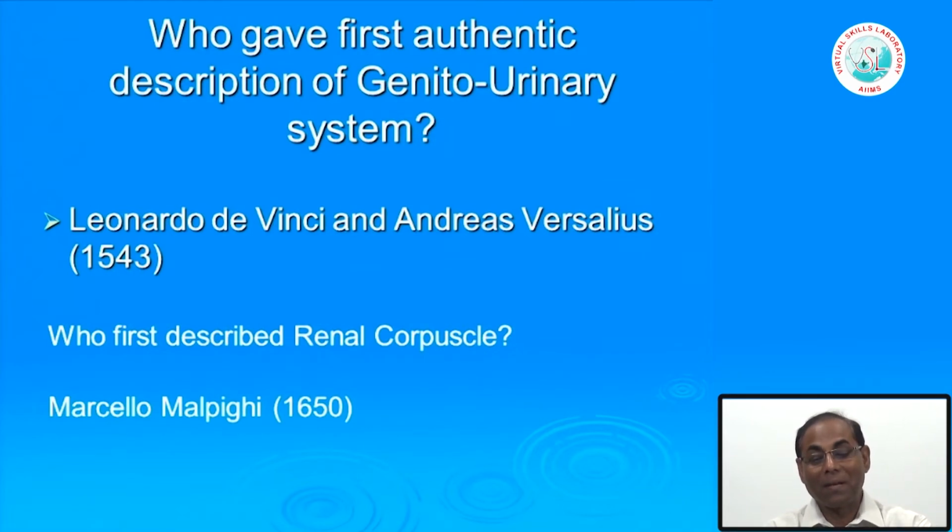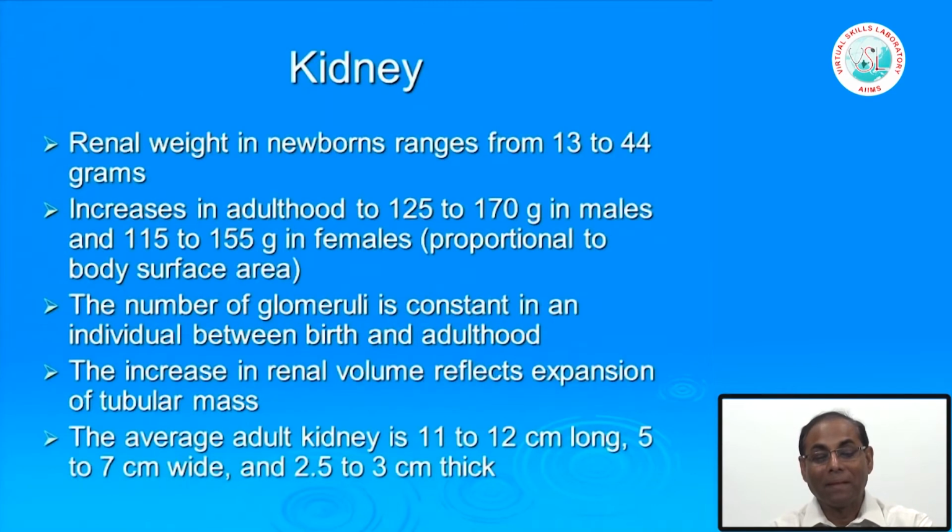And who described the renal corpuscle? I think many of you know, because earlier these renal corpuscles used to be described as Malpighian corpuscles, under the name of Marsilio Malpighi, a French physician.